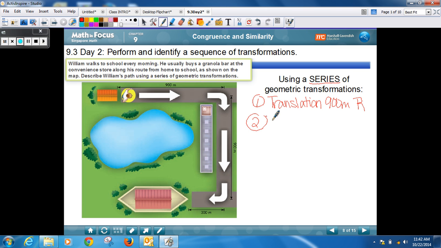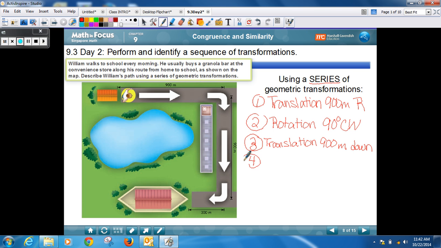He turns 90 degrees clockwise, so that's a rotation, 90 degrees clockwise. Now that he's faced the correct way, his third thing would be he would walk down 900 meters. So again, we have a translation of 900 meters, but this time the direction is down 900 meters.